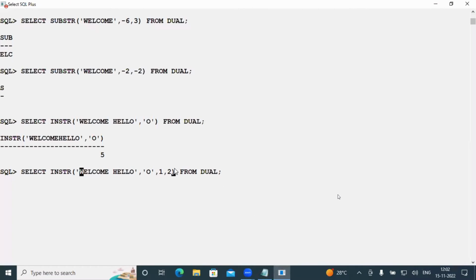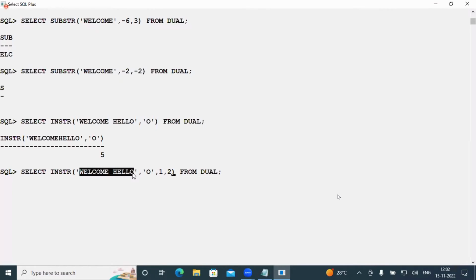And from where are you counting? From the first onwards counting. So count here, 1. From here I'm counting. From here onwards, this O is called the first occurrence, and this is the second occurrence. You want the first occurrence position number or the second occurrence position number? Second occurrence. So that means from W, this is the first O. I don't want it.